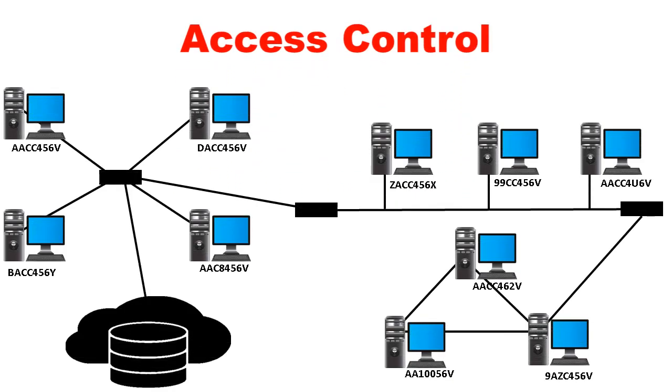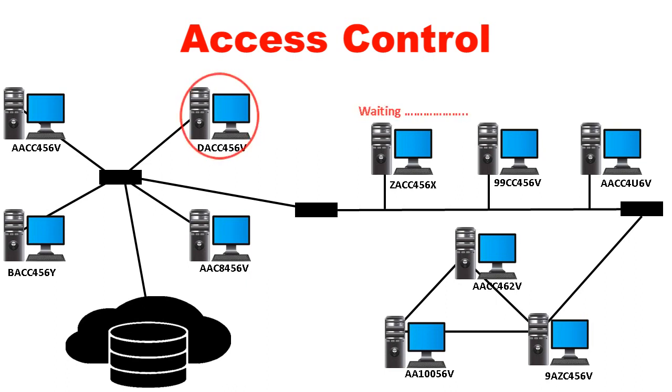Another important function of the data link layer is access control. When multiple devices use a single communication channel, then the MAC sub-layer of the data link layer determines the device controlling the channel at a given time.